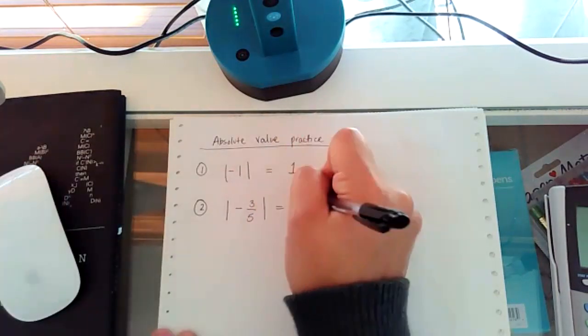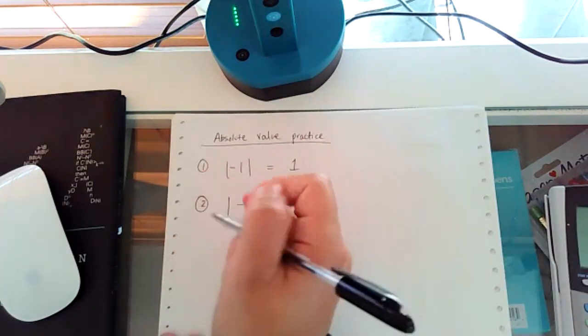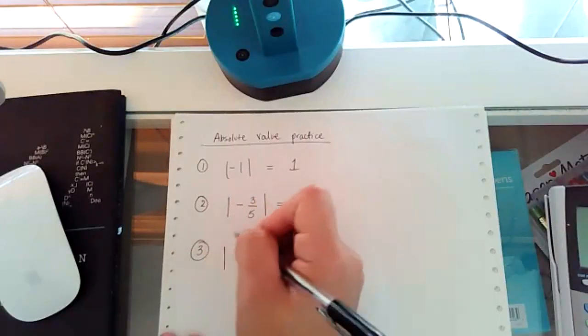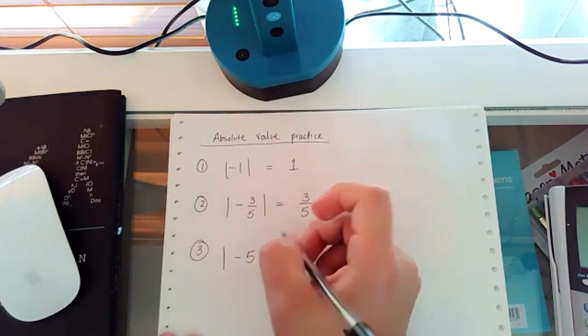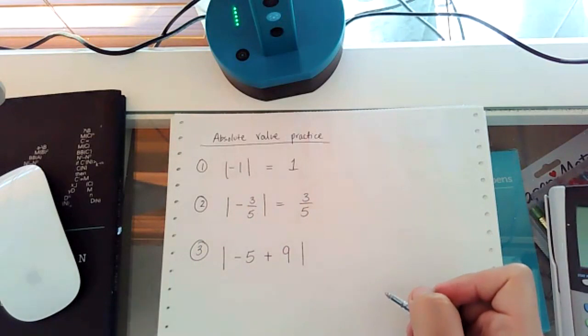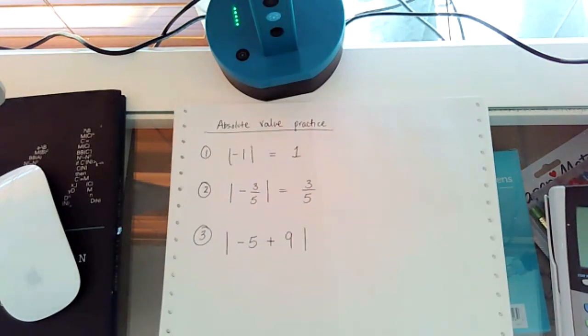Yeah. Good. And let's think about what is the absolute value of -5 plus 9? 4. Anybody get any different answers?